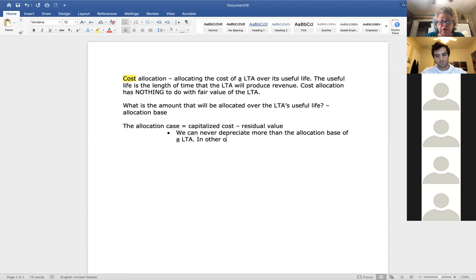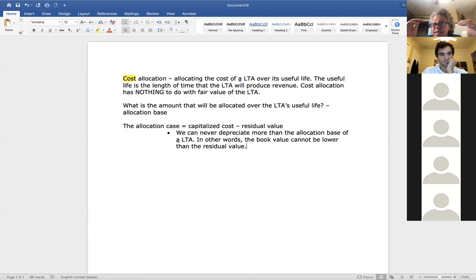In other words, the book value cannot be lower than the residual value. Okay? So we can never depreciate more than the allocation base of a long-term asset.